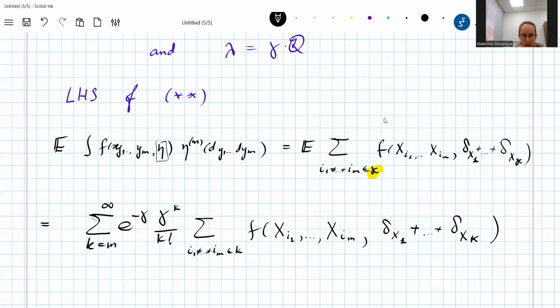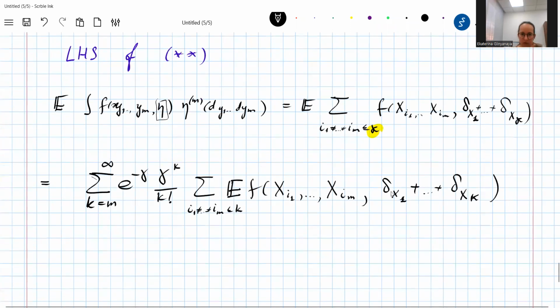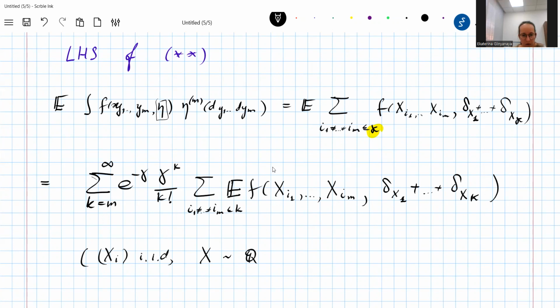Well, I can write the expectation here, since I have a finite number of summands. Okay. And now I will split this expectation. I know that the xi's are independent, identically distributed, and have the probability measure Q.